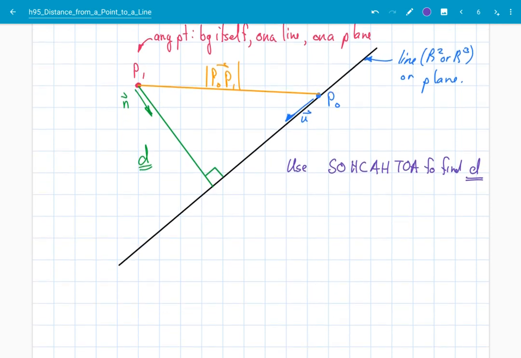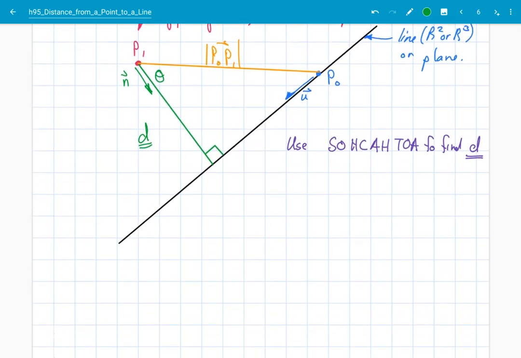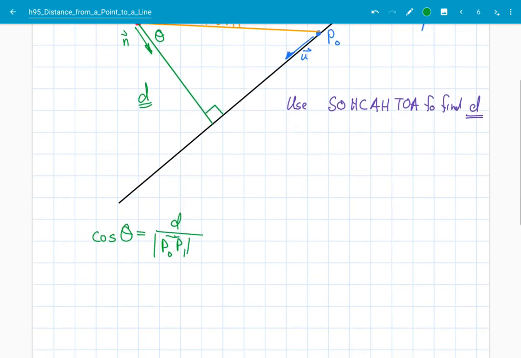Now, if we have the angle between the normal and P naught P1, theta, if we have that angle, then we can use what to get D? Well, it's a cosine. So cosine theta is D over the magnitude of P naught P1, right? And solving for D, we have D equals the magnitude of P naught P1 times cos theta.